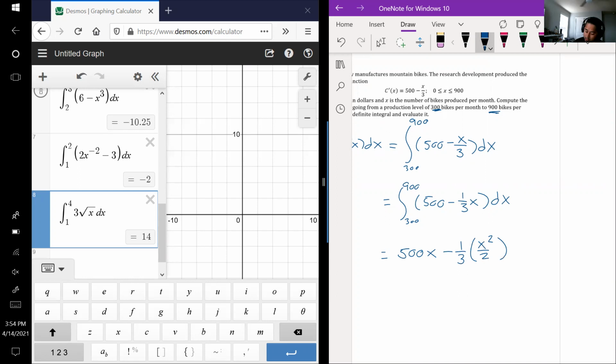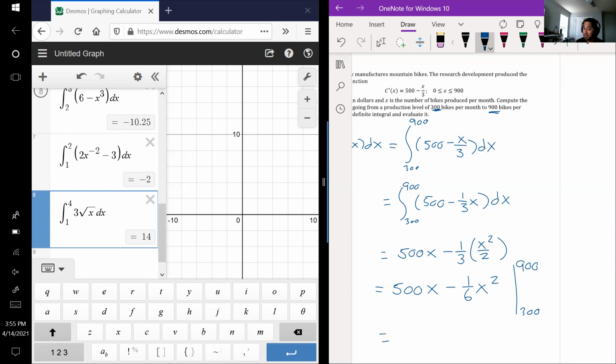Okay, and now one more step before we evaluate it. You get 500x minus 1 over 6x squared. So everything's nice and cleaned up. We will now evaluate it from 300 to 900.